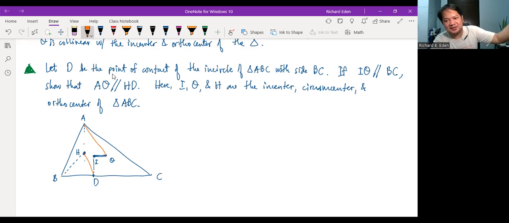Of course, figure not drawn to scale. But we need to think about it, if we're going to do a homothety, what could we use?